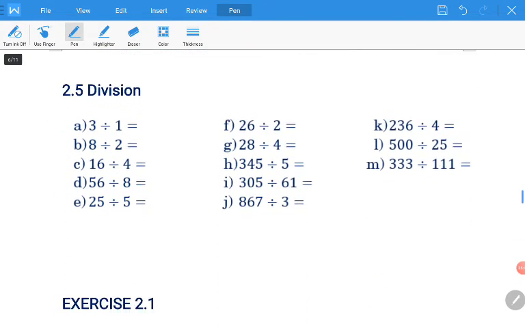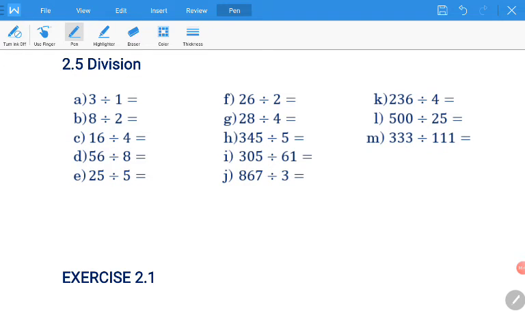So we are going on to division. Division is the opposite of multiplication. On division, we will be trying to find how many times a number can get into another number.